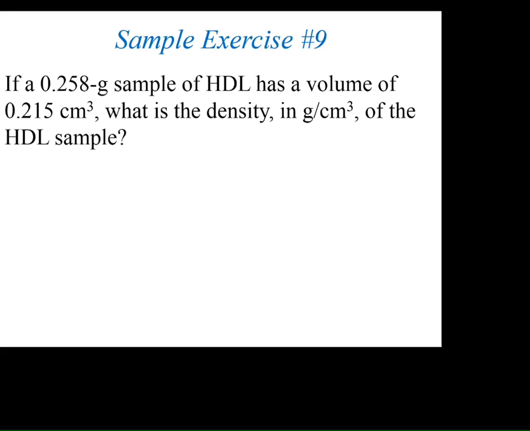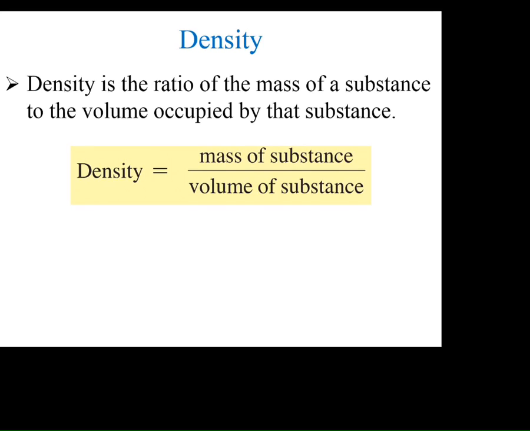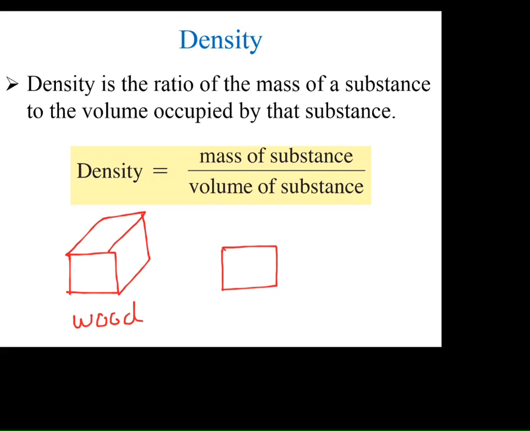Let me go back here. Okay. Oh, sorry about that. So let's say, for example, I have a block like this, okay? Let's say I have a block of wood. Then I have the exact same size block, but it's iron.